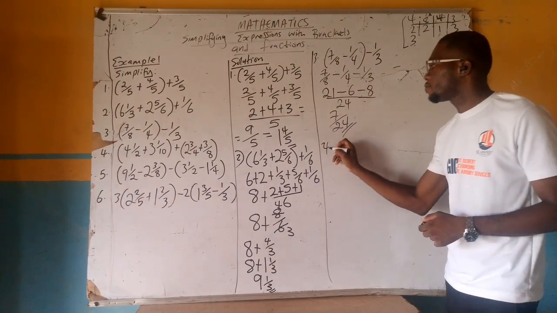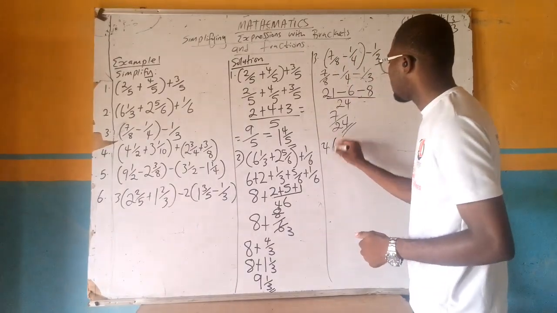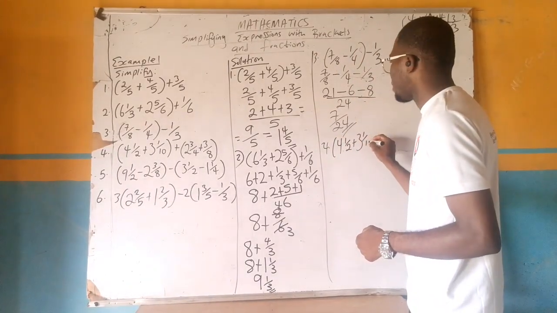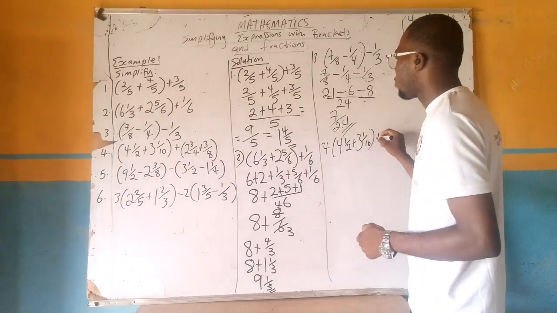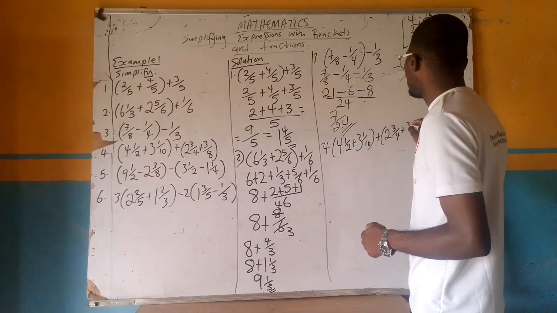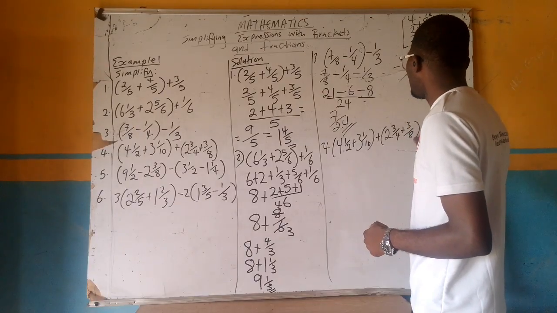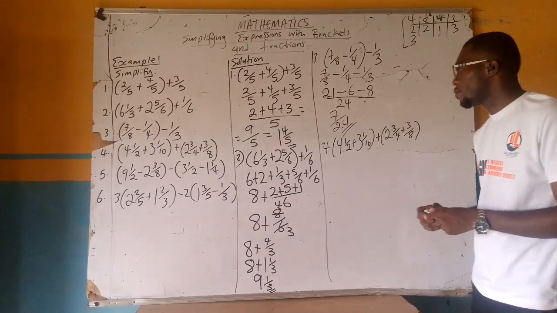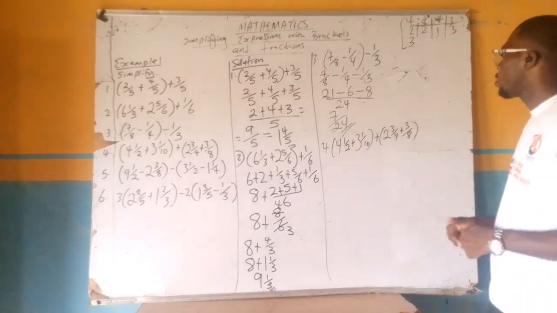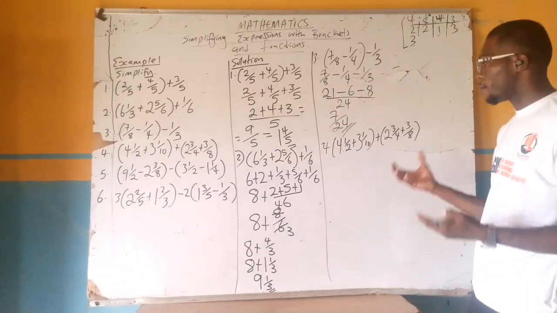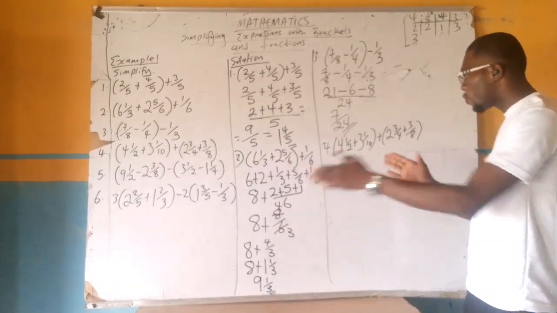Then number 4. Number 4 we have 4 whole number 1 over 2 plus 3 whole number 1 over 10 in brackets, plus 2 whole number 3 over 4 plus 3 whole number 3 over 8. So for this one now, like I said initially, we have to convert these numbers to improper fraction, or we can solve directly.